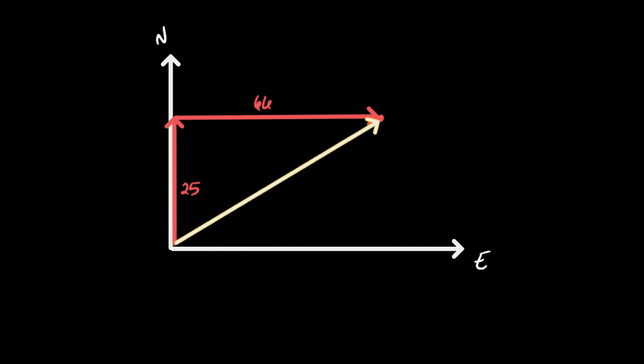So this time, let's say I told you to walk north 25 paces and east 66 paces. And I want to figure out this angle and how far I'd have to walk.